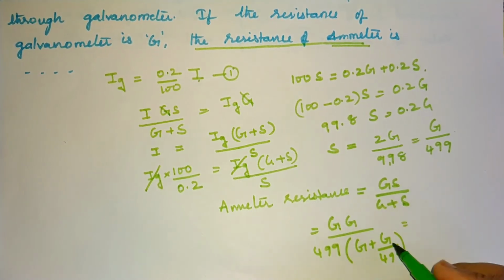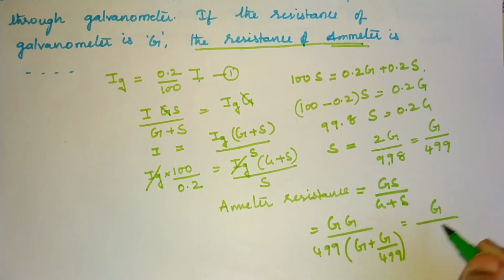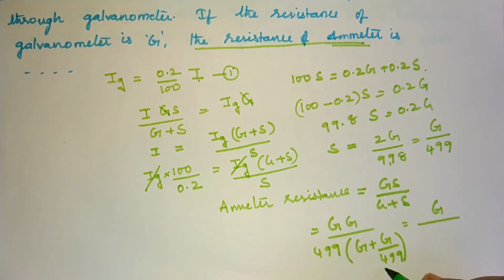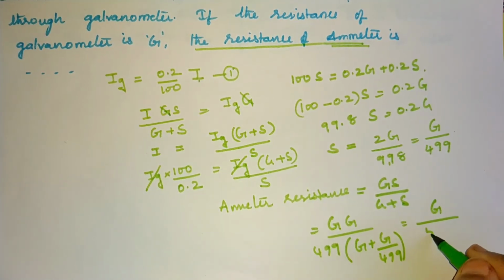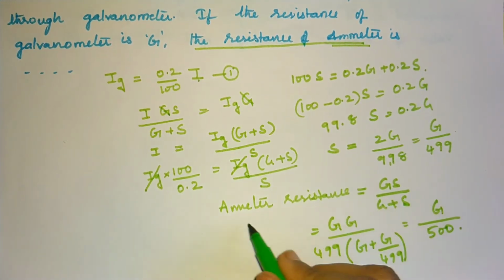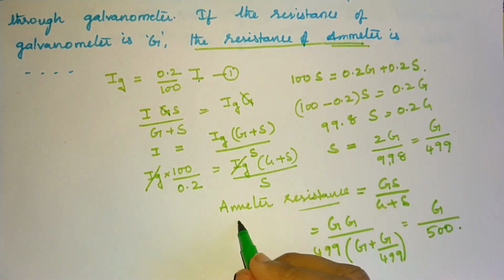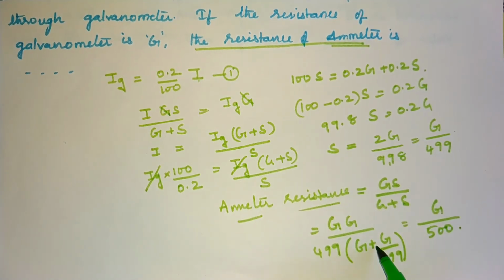When you simplify it, one G will get cancelled, and when you take LCM, the 499 also gets cancelled. 499 plus 1 is 500, so the answer comes out to be G by 500.